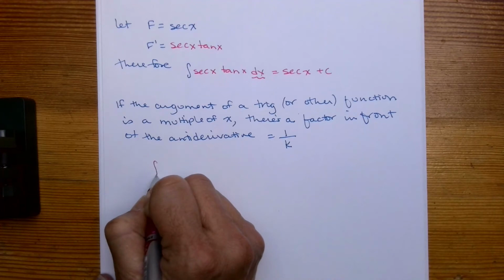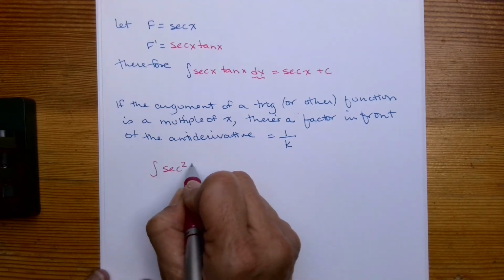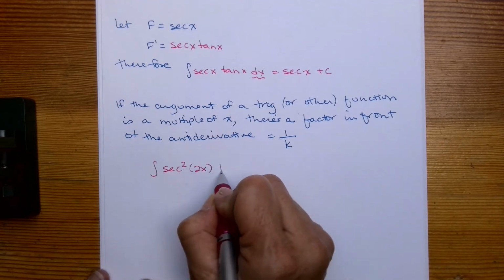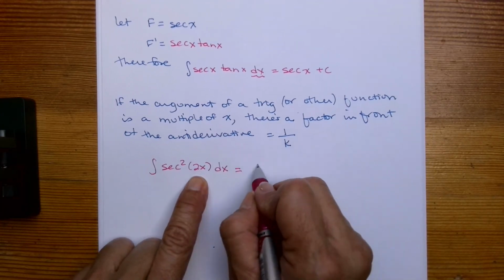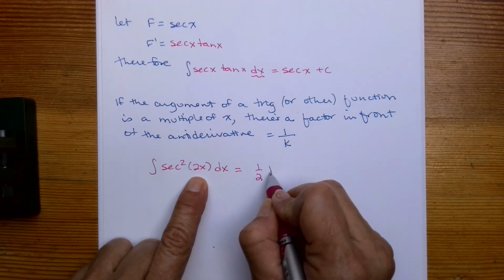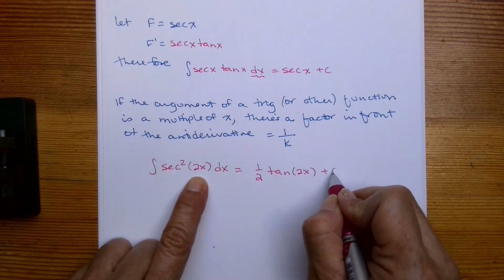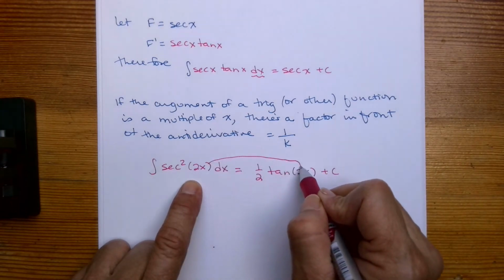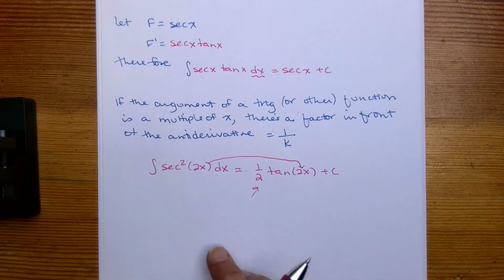So if I had the integral of secant squared 2x dx, what we would get out, right, so there's my 2, so I'm going to get a 1/2 tangent 2x plus c. The argument has to stay the same in your antiderivative, but you get this extra 1/2 out in front.